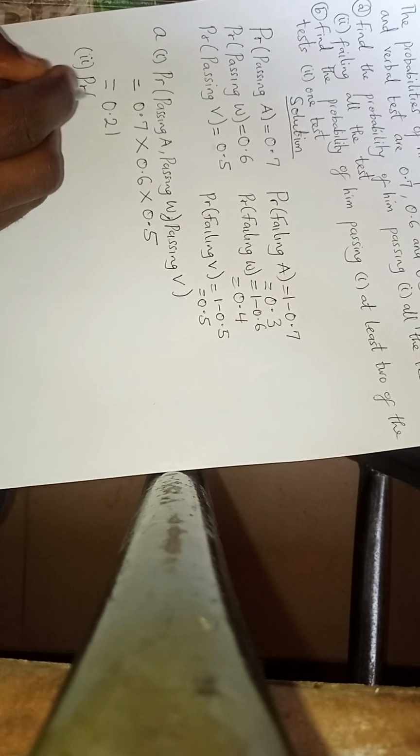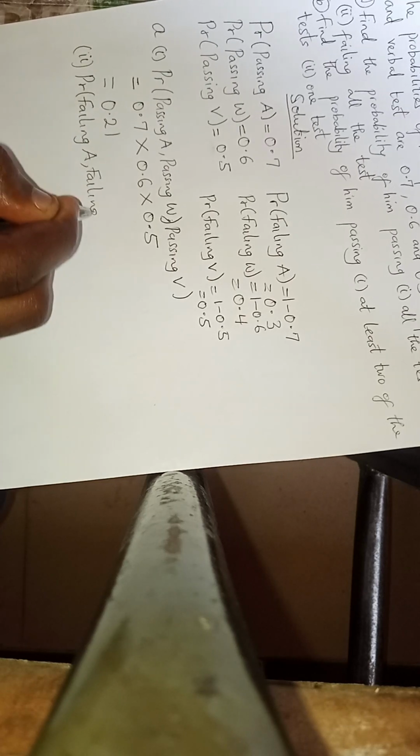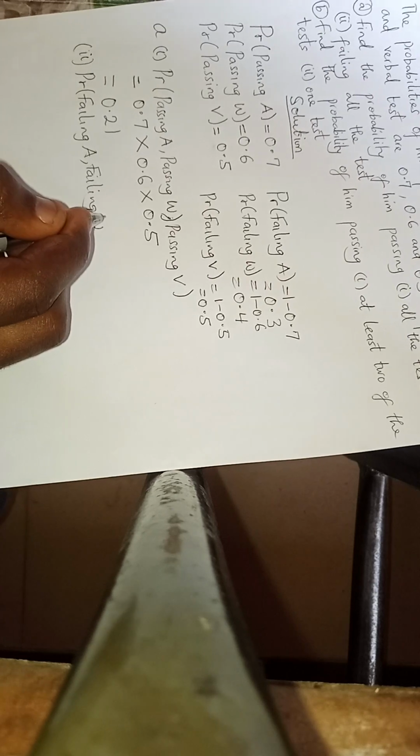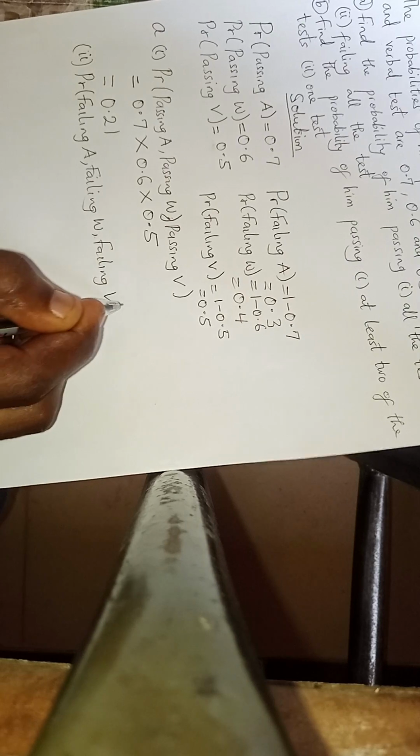That is probability of him failing the aptitude test, failing the written test, then failing the verbal test. So we have this to be equal to, we have settled that failing aptitude test, that's 0.3, failing written test, that's 0.4, failing verbal test, that's 0.5.